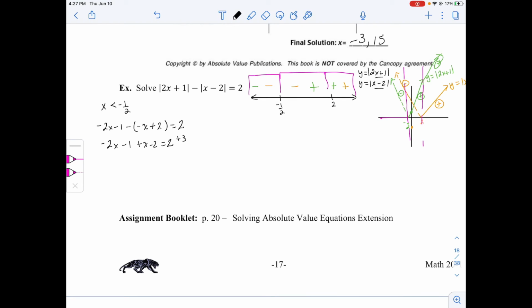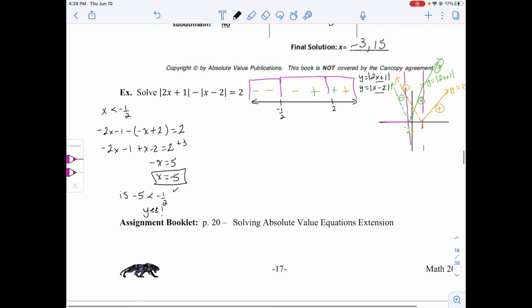So that's going to be a plus 3 though. So negative x is equal to 5, so x is equal to negative 5. We would just want to double check, is negative 5 less than negative 1/2? Yes, it is. So this does appear to be a solution.